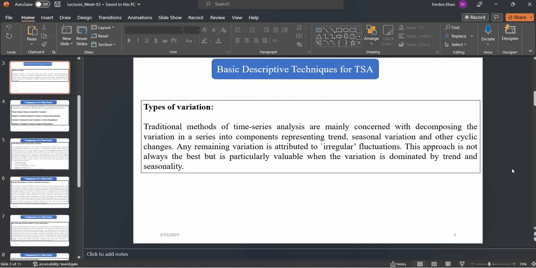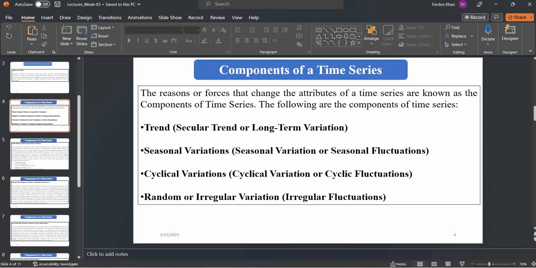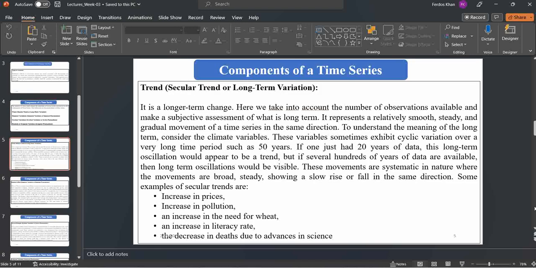Let's discuss each of them briefly. These are the components of a time series. Secular trend or long-term variation, slowly increasing or decreasing. Seasonal variation due to season, and cyclic variation, which is normally in business data, and random or irregular variations. So let's discuss each of them.